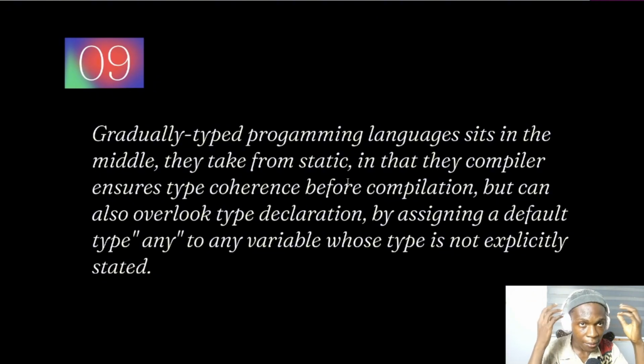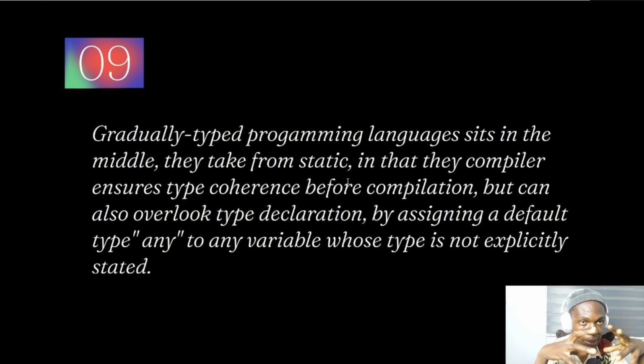So it gives it a default type called any, right? So the moment you declare, let's say, local x, a variable, it automatically gives it a generic type, such that later when you tell us that this type is a number, it just automatically overrides the initial default type that it has been given.